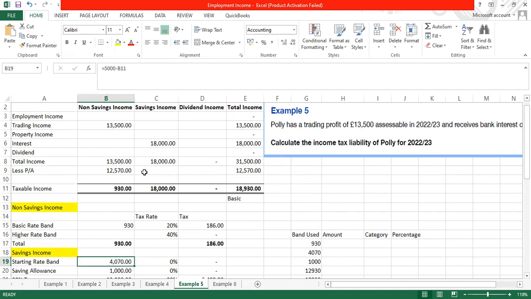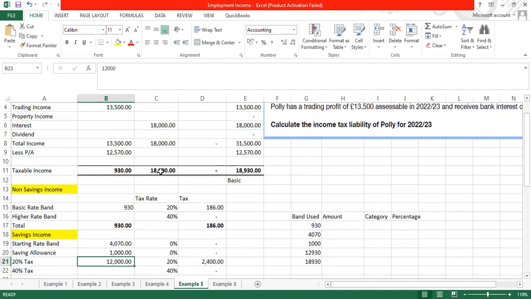This is an important question. This question can come in your exam like this one, so you need to remember. Because Polly is a basic rate taxpayer, there is a 1,000 allowance at 0% available. And remember, if Polly was a higher rate earner, then it would be 500, and if additional rate, there is nothing available.